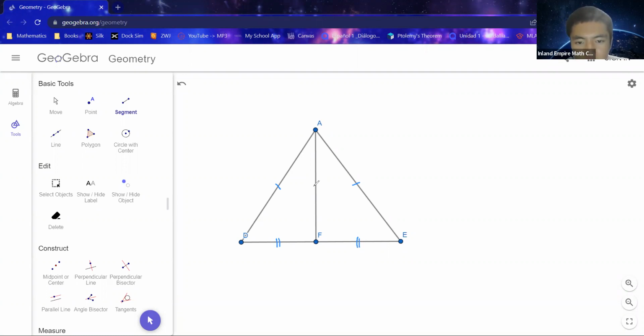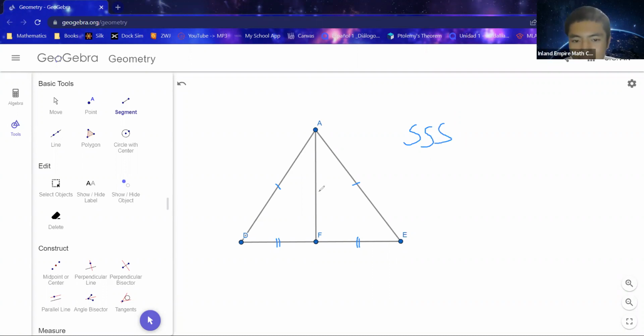And so these two triangles, ADF and AFE, are congruent to each other via SSS congruence, which is something we went over a couple weeks ago, if you guys remember.